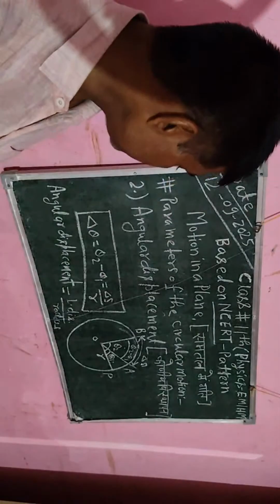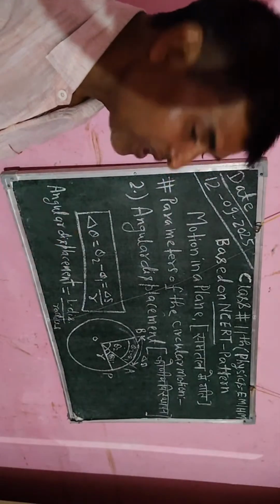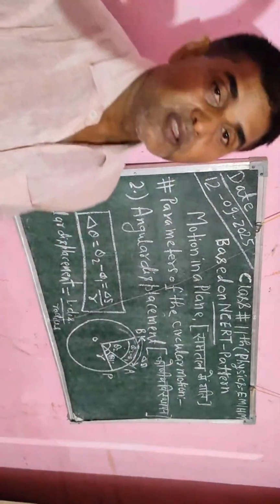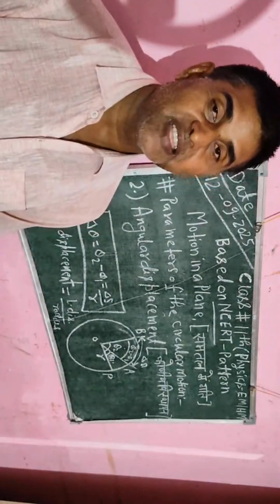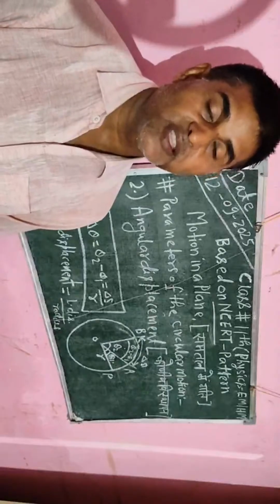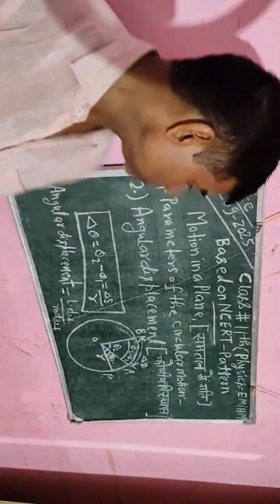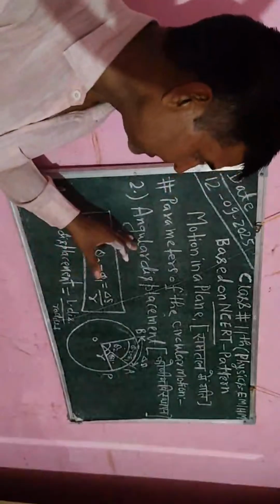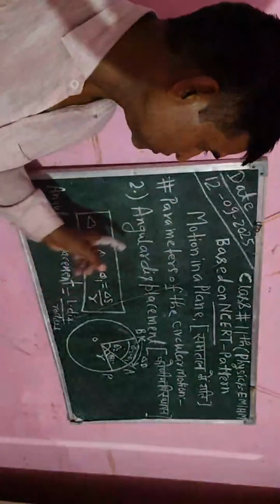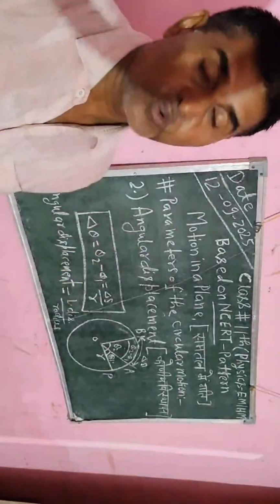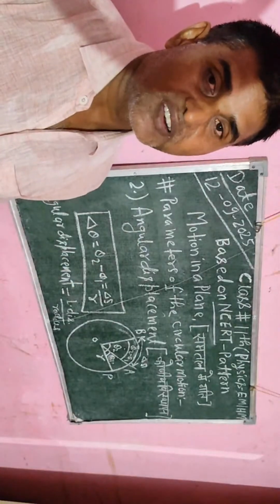I have to remember this formula for making the relation between angular displacement, angular velocity, and linear displacement. We have to write the relationship for solving numericals based on circular motion. Okay, students, I hope you are understanding very well.